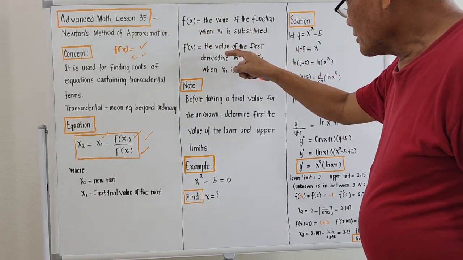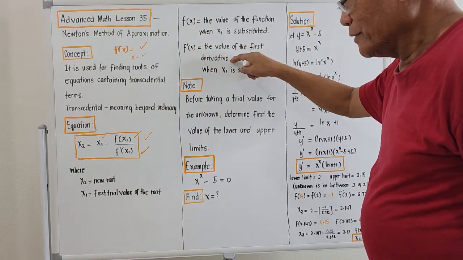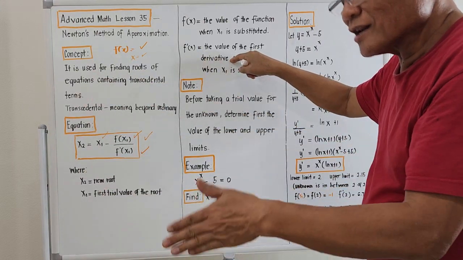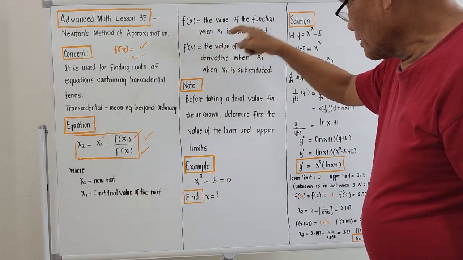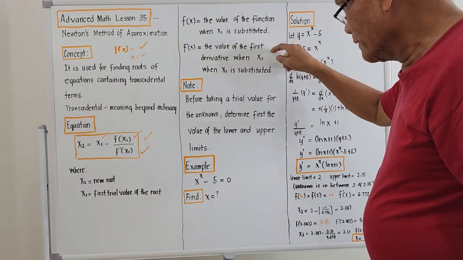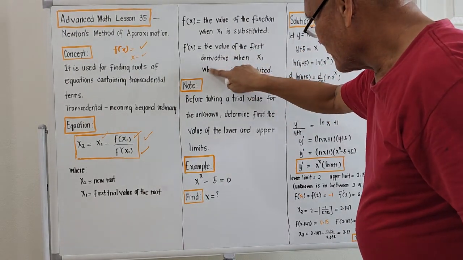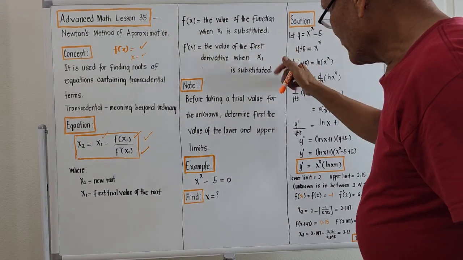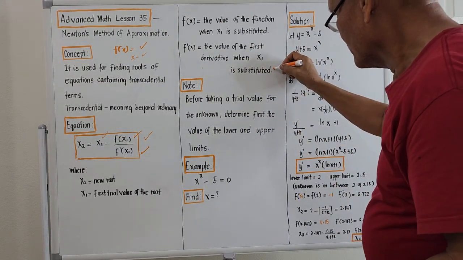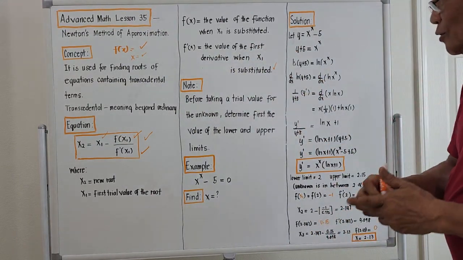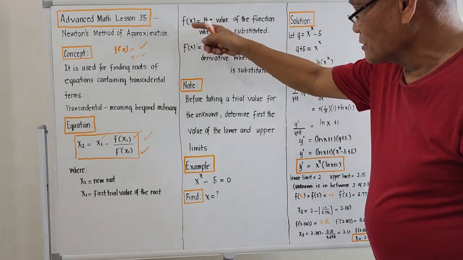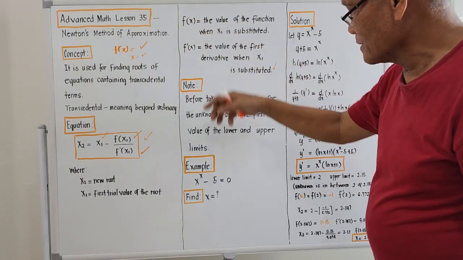So f of x is the value of the function when x1 is substituted. F prime of x is the value of the first derivative, meaning the first derivative of the given transcendental equation, when x1 is substituted. Okay? So you now know the significance of f of x and f prime of x.